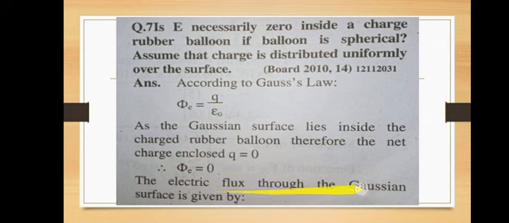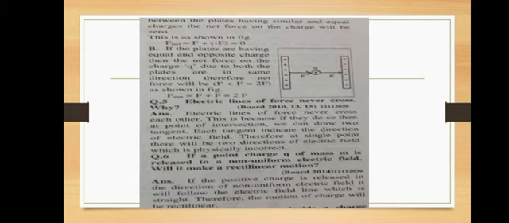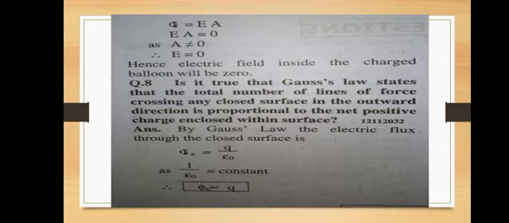The electric flux through the Gaussian surface is given by phi equals EA. As area is not equal to 0, E equals 0. So the electric field inside the charged balloon will be 0.